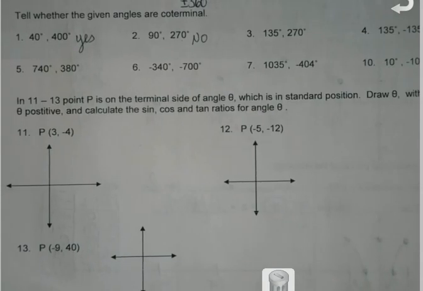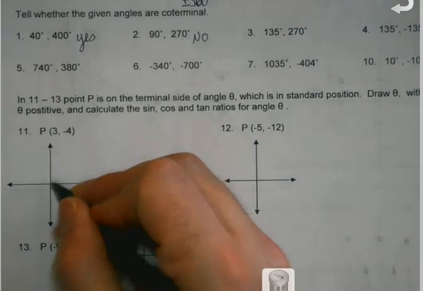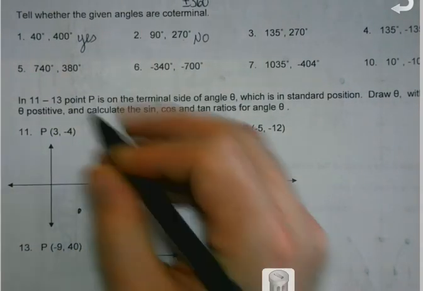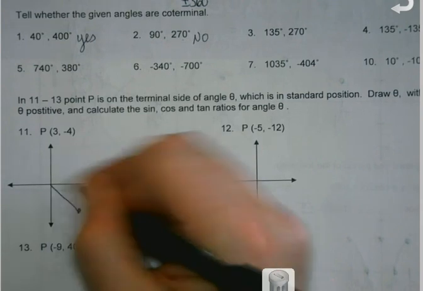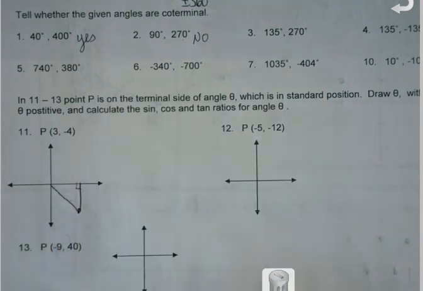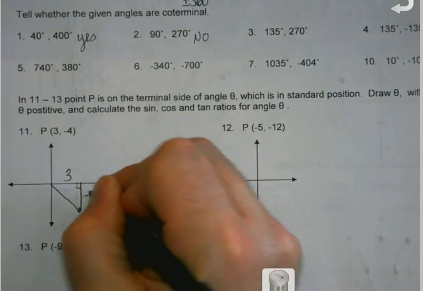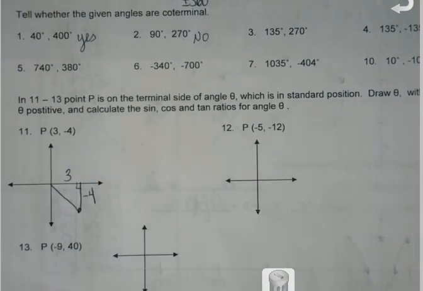If I get into 11 through 13, they're giving me a point, giving me an opportunity to make a picture. So 3, 4 means I go right 3 and down 4. And what that allows me is to make myself a right triangle where I would need to find my hypotenuse, and then I could find all of my trig functions.